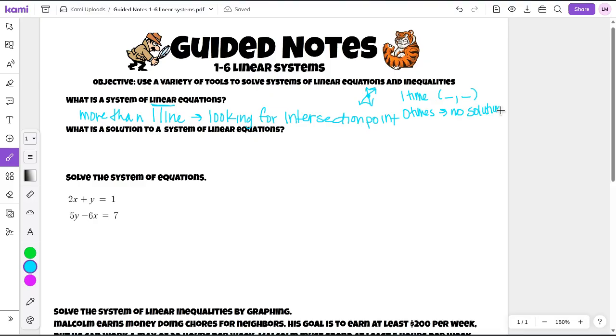You probably remember this from Algebra 1. And the only way they will cross 0 times is if they're parallel to each other. So they have the same slope.